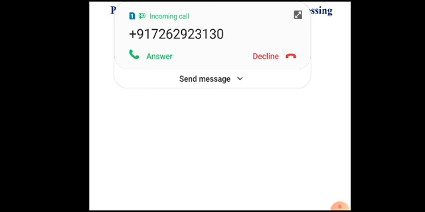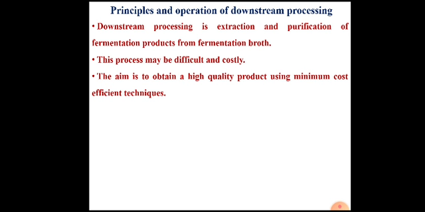Downstream processing means that once the fermentation is over after the desirable incubation period, whatever operations of extraction and purification of the fermentation products are done, it is called downstream processing, which is nothing but the recovery of fermentation products. So downstream processing is extraction and purification of fermentation products from fermentation broth.